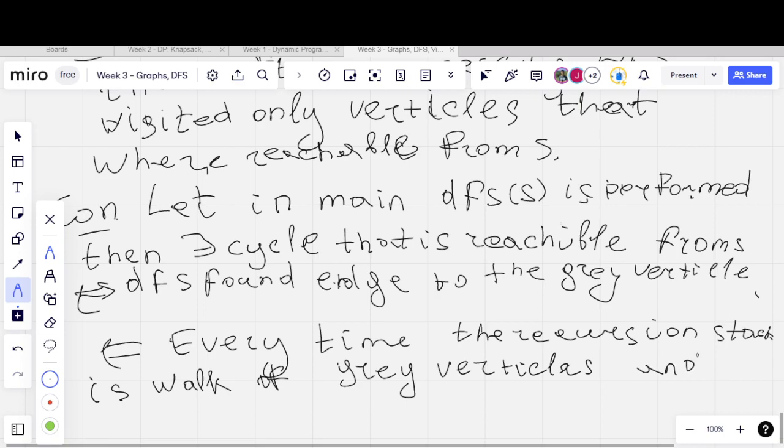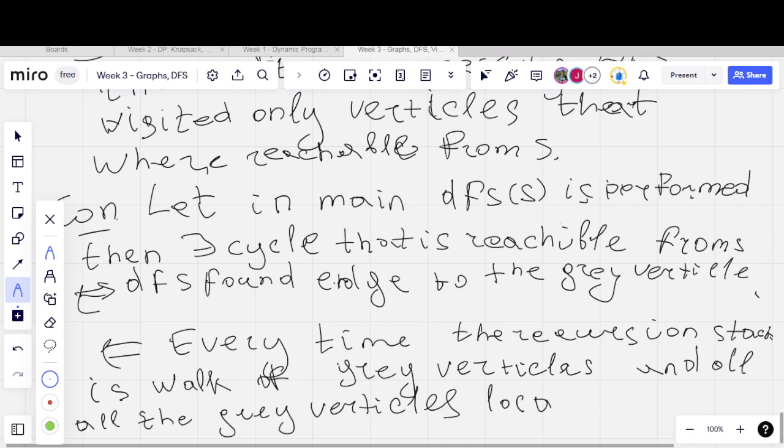And all the gray vertices are located where? Located in the recursion stack.